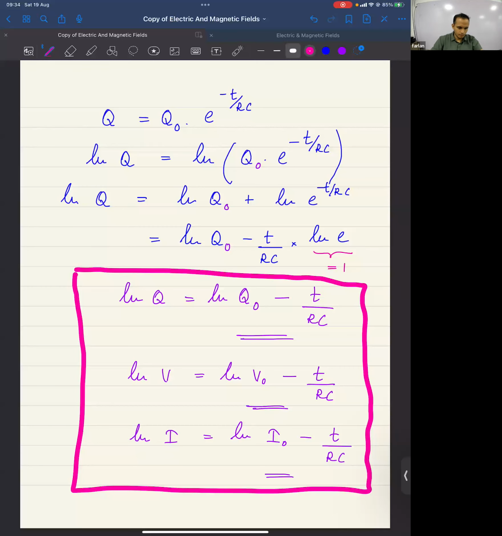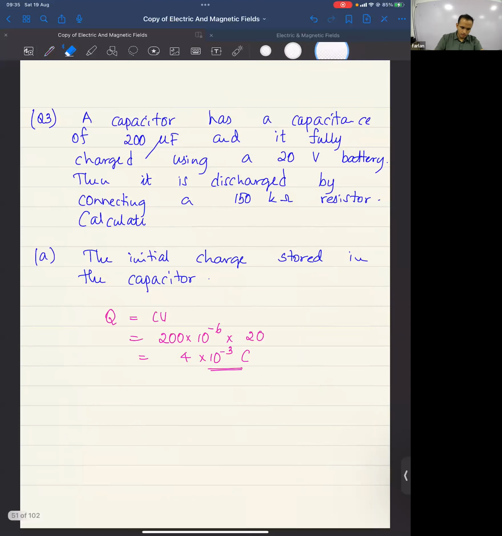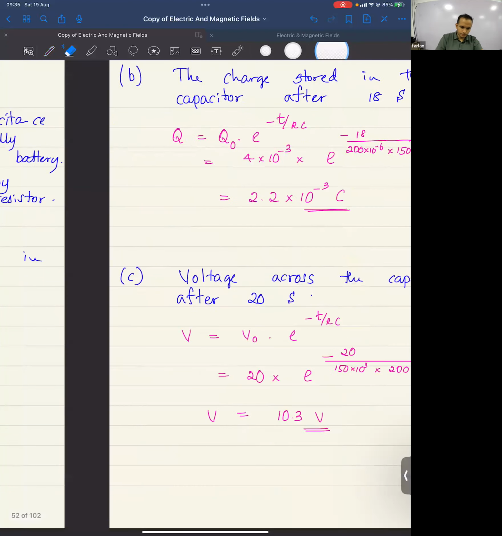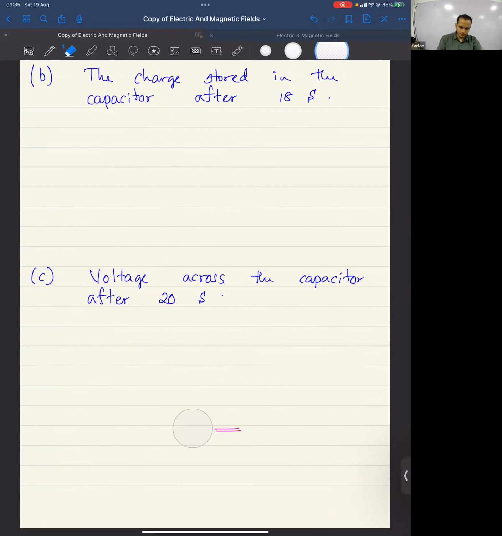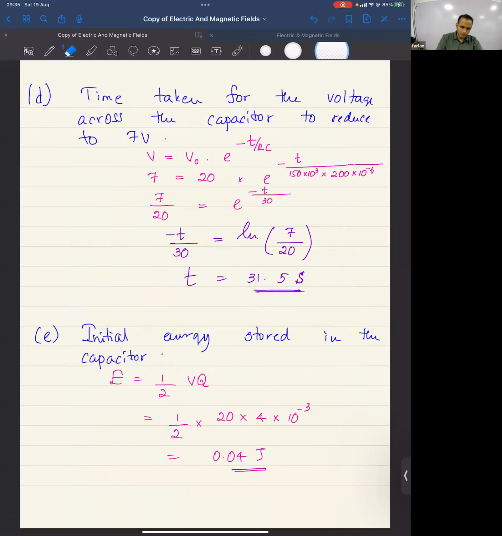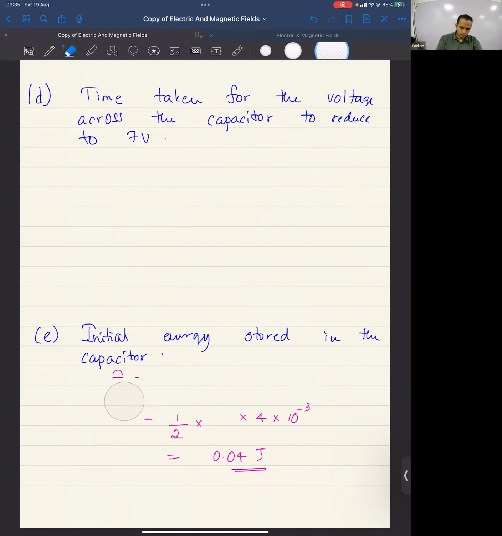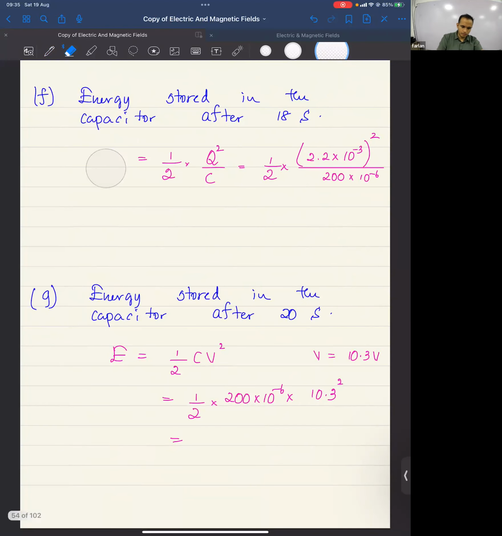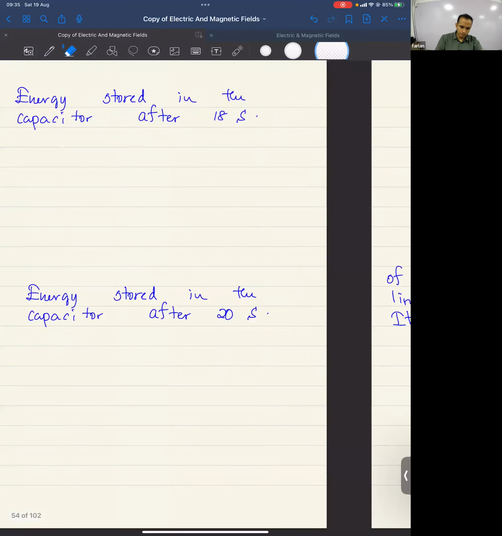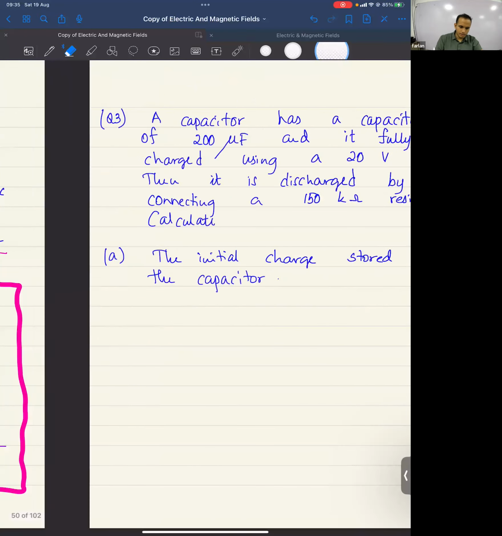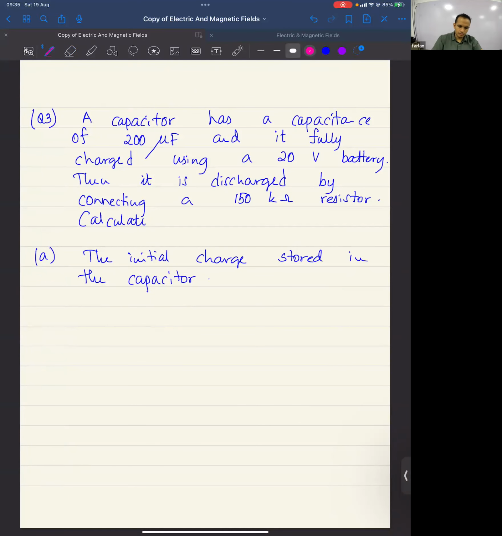Right. Guys, another question. A capacitor has a capacitance of 200 microfarads, and it is fully charged using a 20-volt battery.